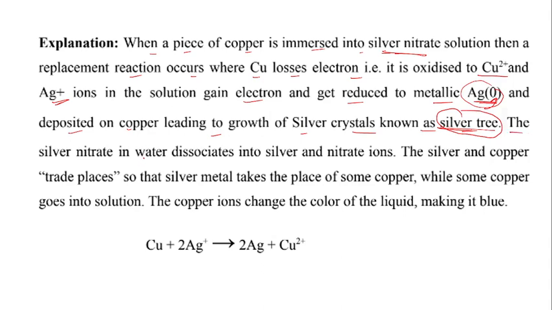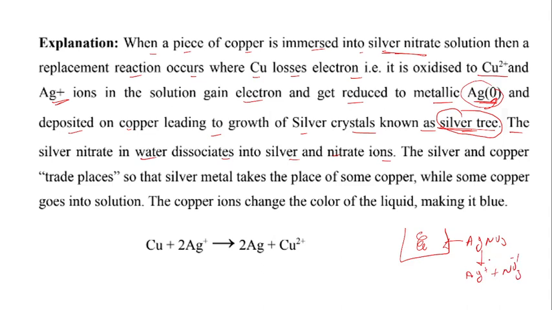The silver nitrate in water dissociates into silver and nitrate ions, obviously. So again, this is the copper wire. If you are adding silver nitrate, it will dissociate into Ag plus and nitrate.